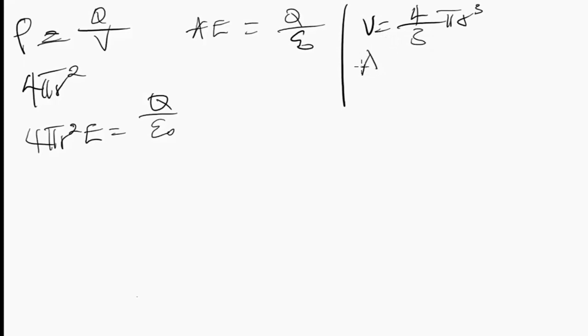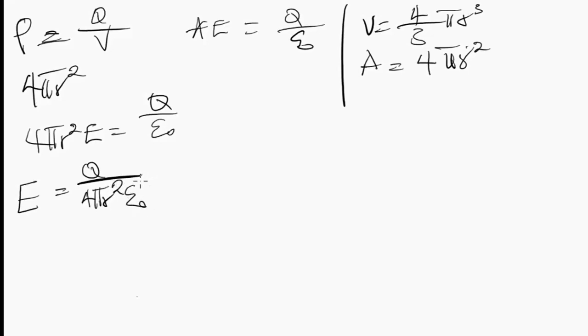So while the area is 4 pi r squared, always take note of this. So let's get back to this. Now, if we have this and we want to make E the subject of this formula, we are simply going to have E to be Q over 4 pi r squared times E naught.